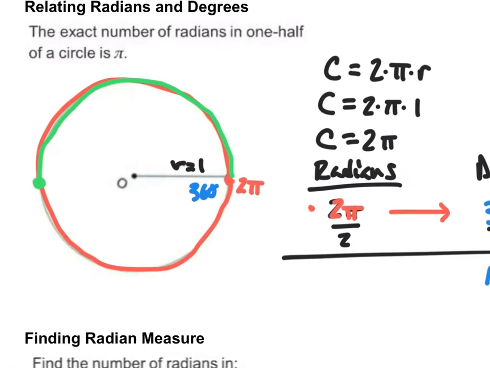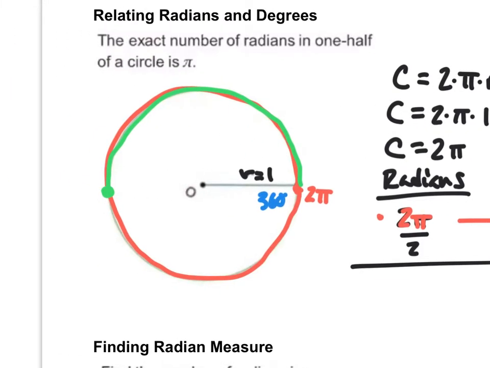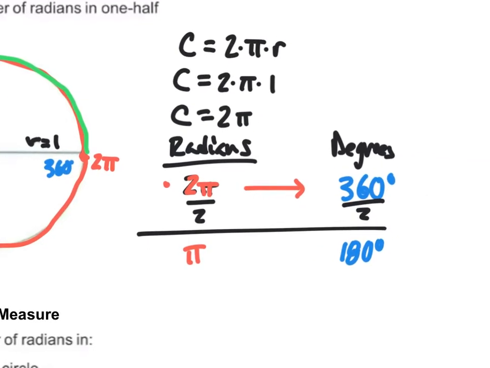And we know what that is. If we cut that in half, this is going to be 180 degrees. Then what I can do is say, if I take 2 pi and divide those out, then I'm going to get pi radians out of that. So pi radians and 180 degrees represent the same thing.